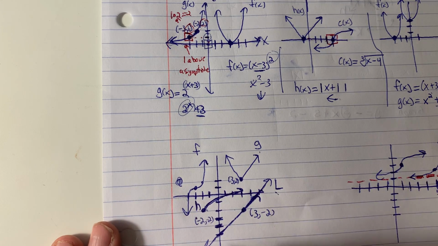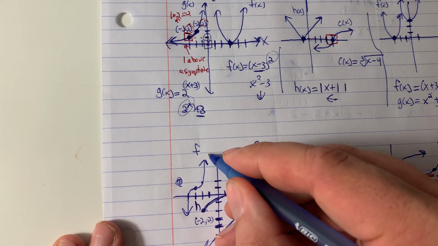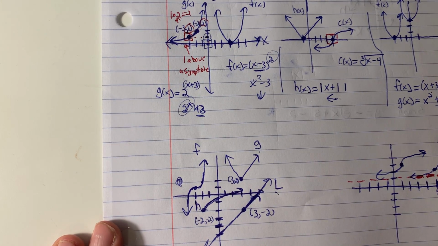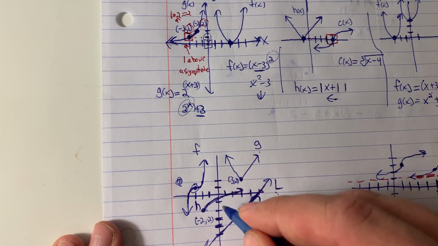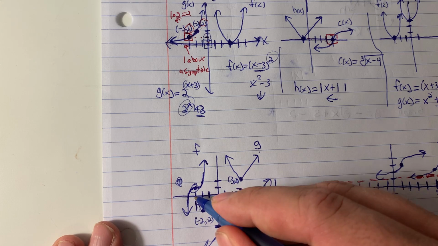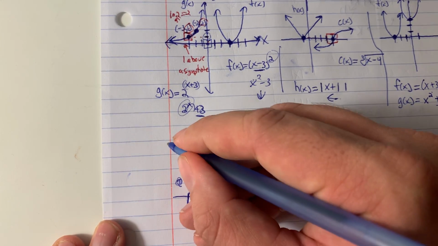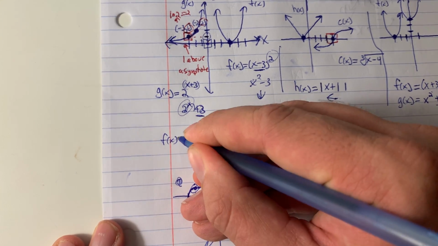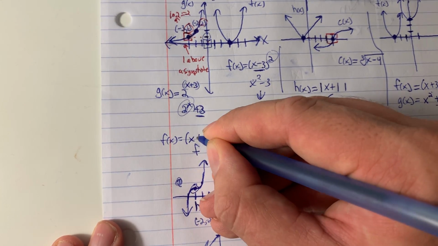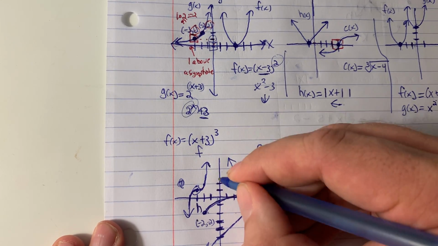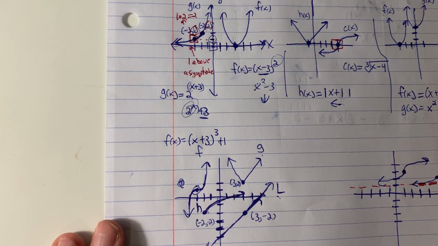So let's see, hopefully you got that this is a cubic parent function because it makes this shape that you should recognize as a cubic shape. And the inflection point is right here. It's 1, 2, 3 to the left and 1 up. So this needed to be f of x equals x plus 3 to make it go 3 to the left, cubed, plus 1. Okay.